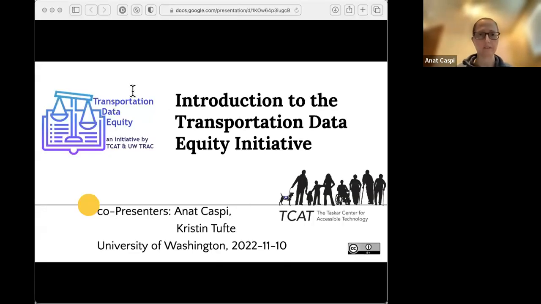Except it's not the right one. Why is it not sharing the right screen? Or is it? Are you seeing a first slide that's called Introduction to Transportation Data Equity? Okay, great. Okay, cool.